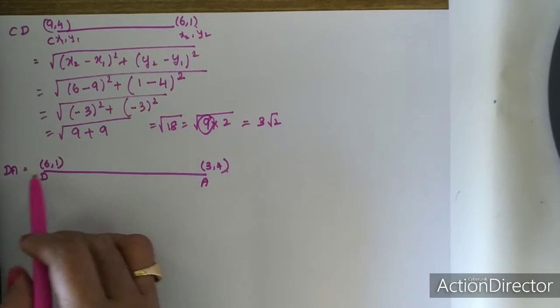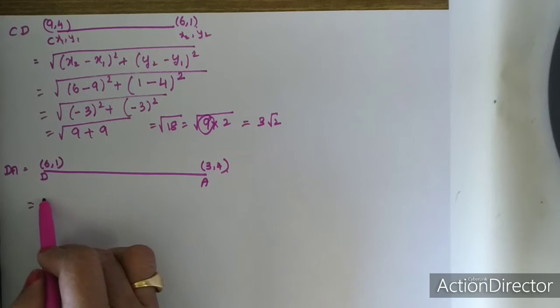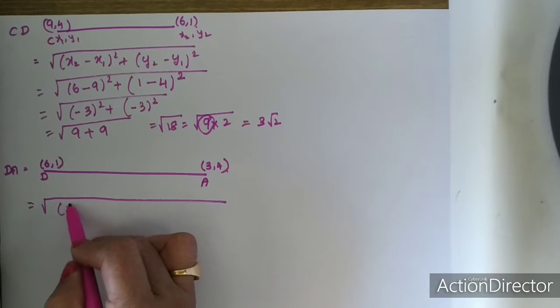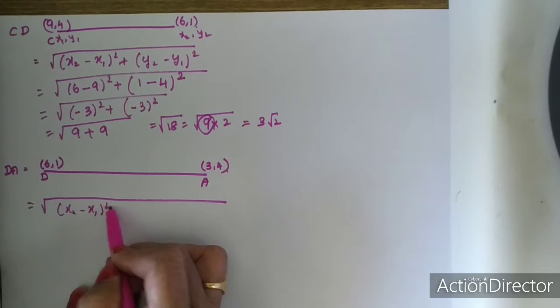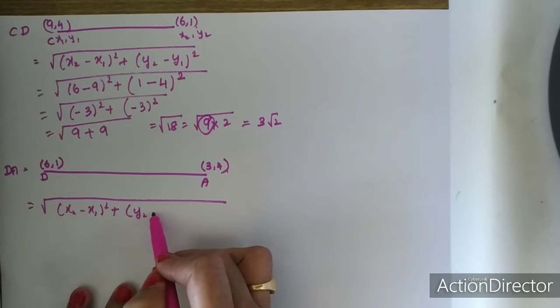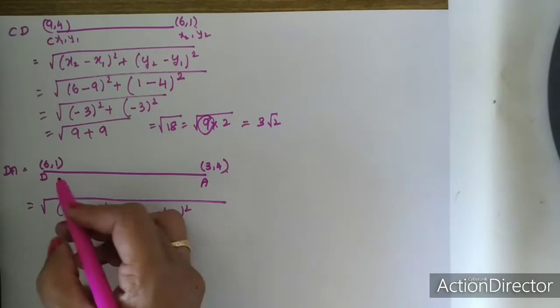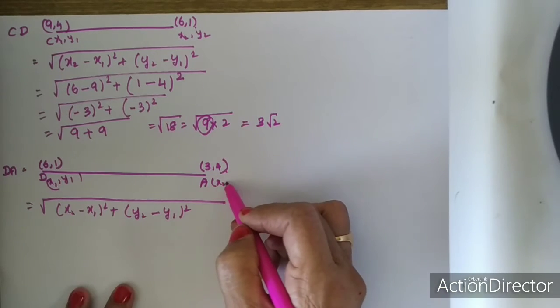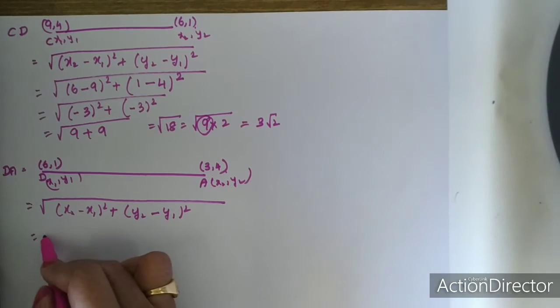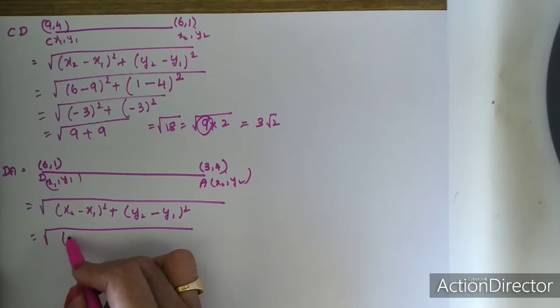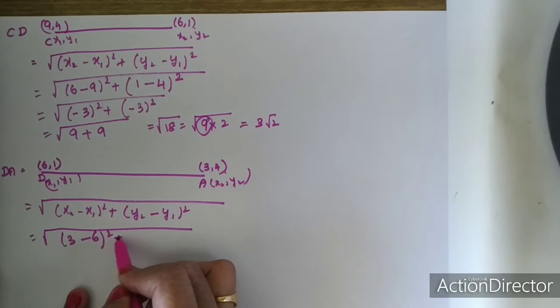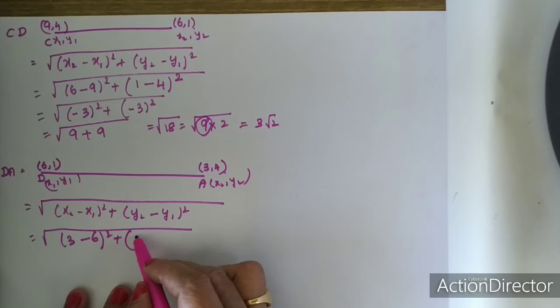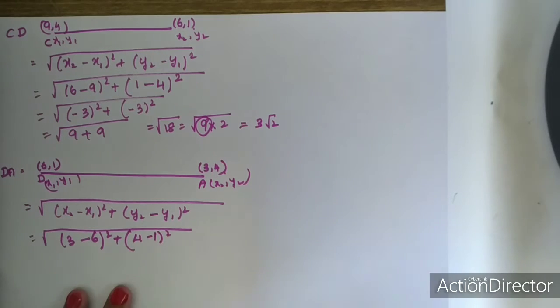Coming to DA, again under root of (x2 minus x1) whole square plus (y2 minus y1) whole square. Again you write x1, y1, x2, y2. So replace the values. What is x2? (3 minus 6) whole square, and y2 is (4 minus 1) whole square.